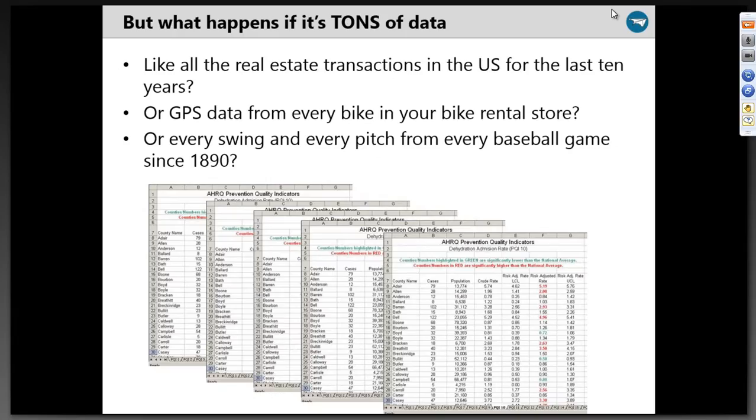Like what happens if all of a sudden we want to analyze all the real estate transactions for the US in the last 10 years, or the GPS data for every bike in your bike rental store, or every swing and every pitch in a baseball game, and this data is coming in from a lot of different sources? Now Excel's not good enough, or maybe the Excel process is so cumbersome manually that it just takes too long to get the answers out.